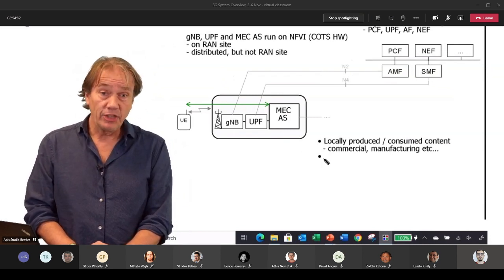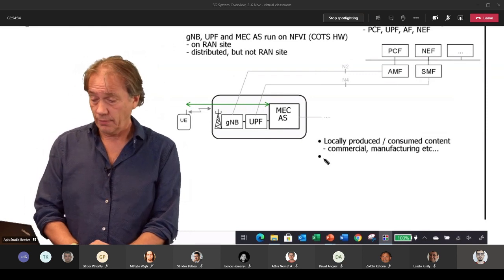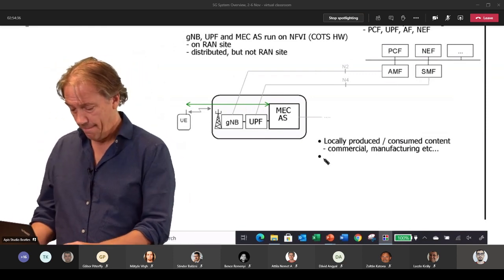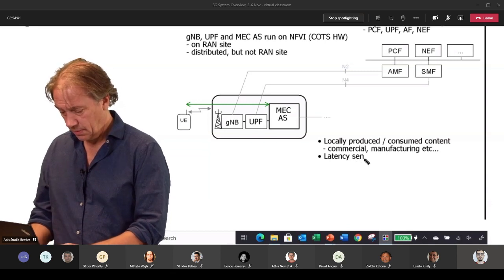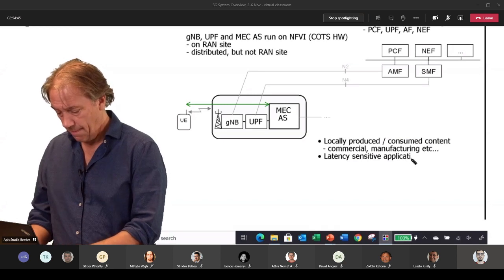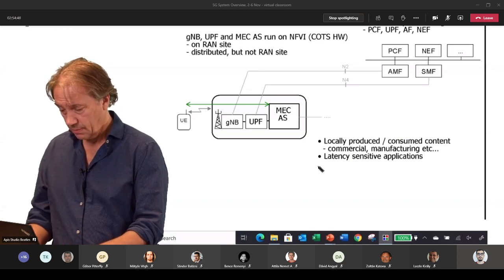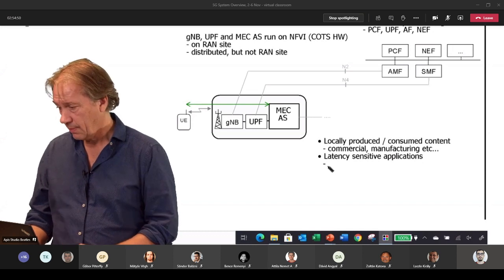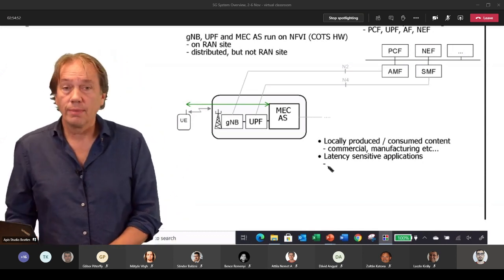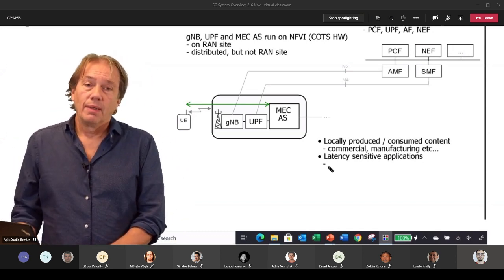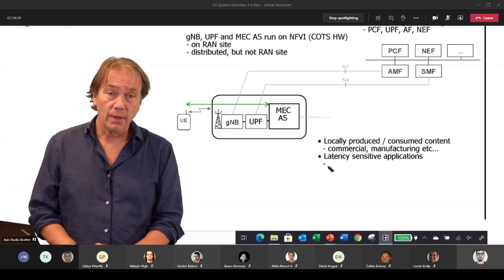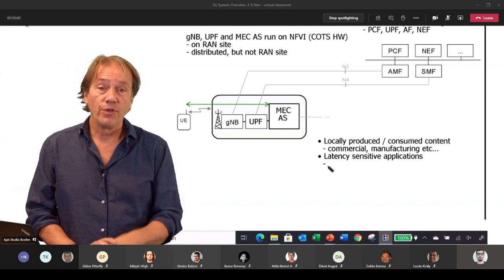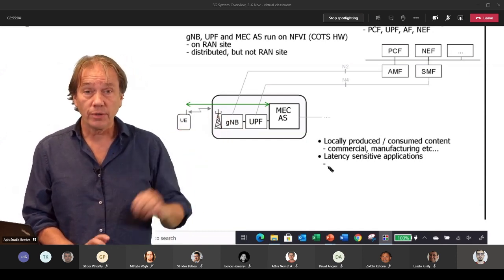Latency sensitive applications, obviously. So virtual reality, augmented reality, often communication involving cars.